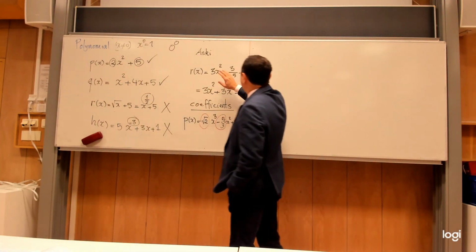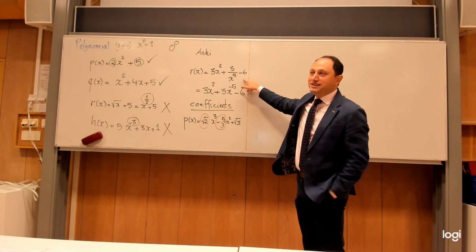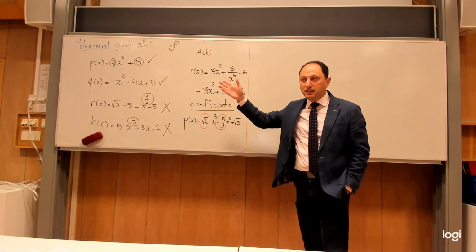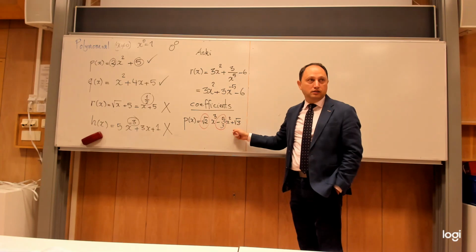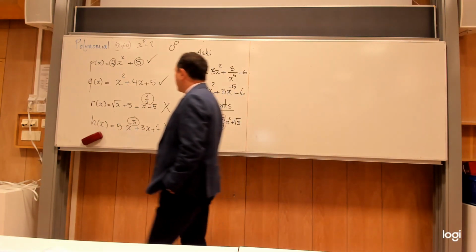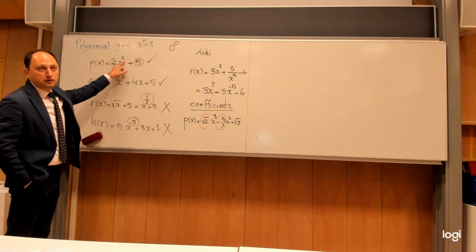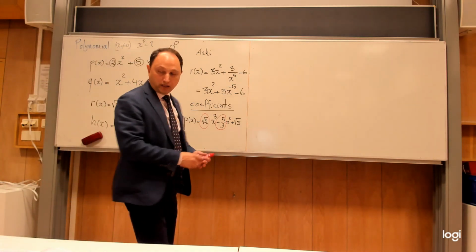And what is the degree of this polynomial? This is not a polynomial, so the degree doesn't make sense for this. I cannot give you this and ask you what is the degree. You should say that this is not working here. And what is the degree here? 3. Okay, a polynomial of degree 2 is called a quadratic polynomial. A polynomial of degree 2 is called quadratic.